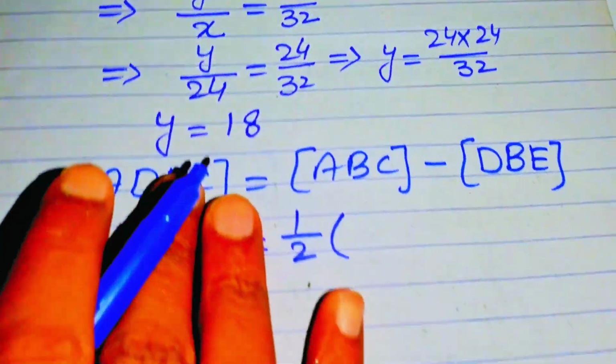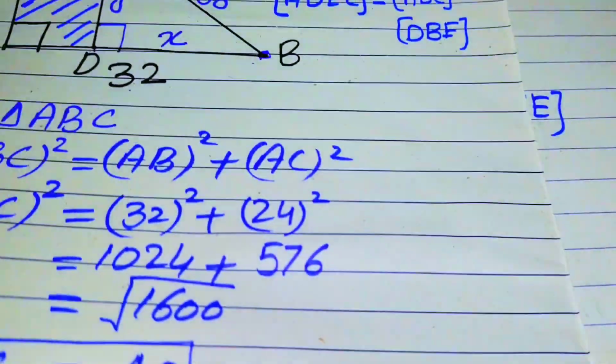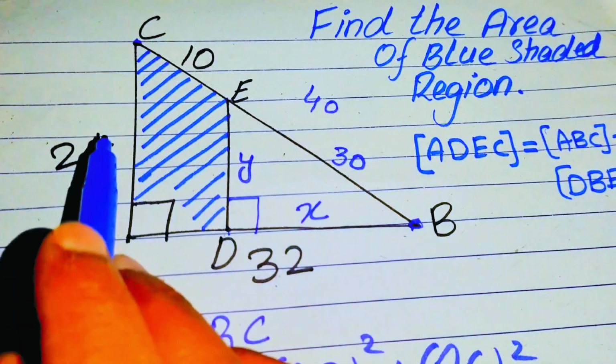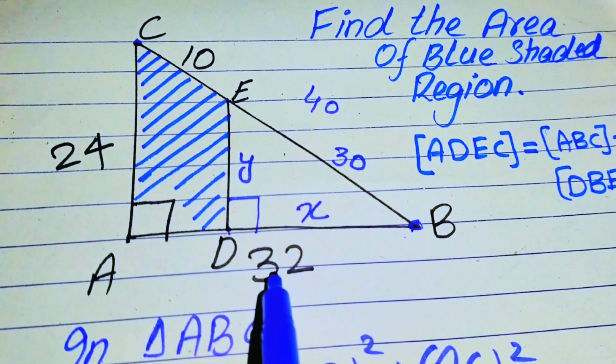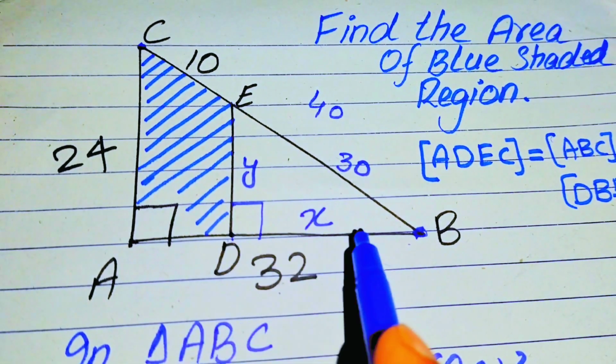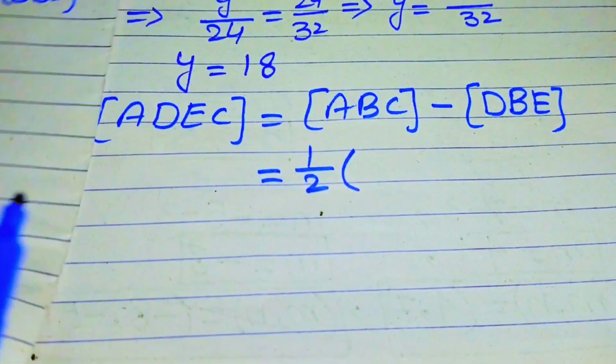In this diagram, for triangle ABC the base is 32 and the height is 24, and in the smaller triangle the base is x and the height is y, so we put in the values of x and y.